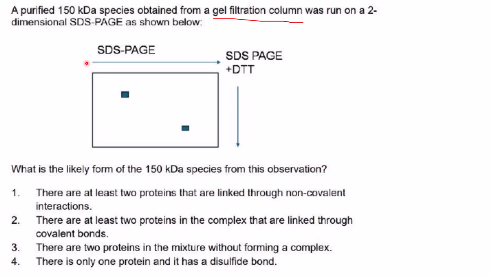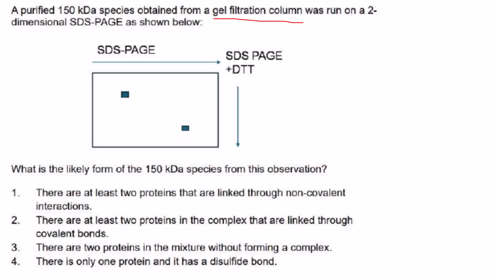So here this is the first dimension, that is SDS page, and this is the second dimension, SDS page plus DTT. So what you have learned is first dimension isoelectric focusing, second dimension SDS page. Okay, now keep that information to one side and see what they have asked. So first dimension here is SDS page, second dimension is SDS page plus DTT.